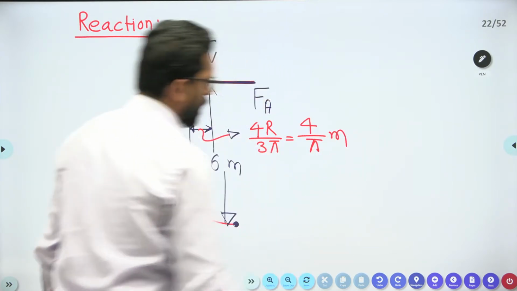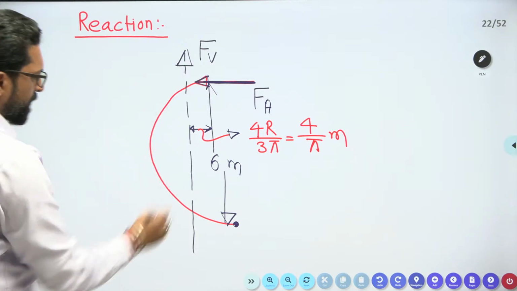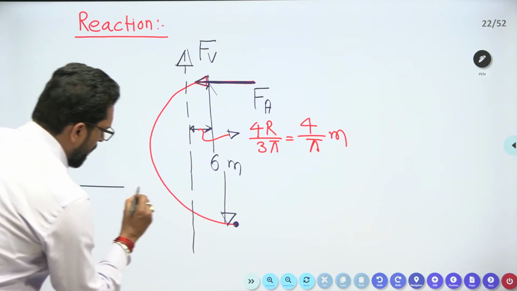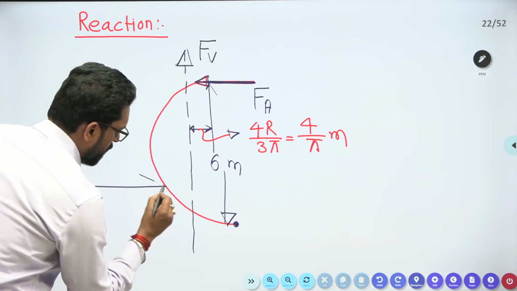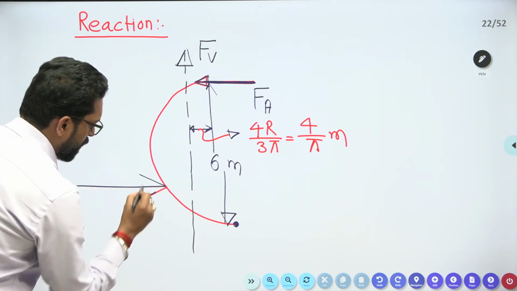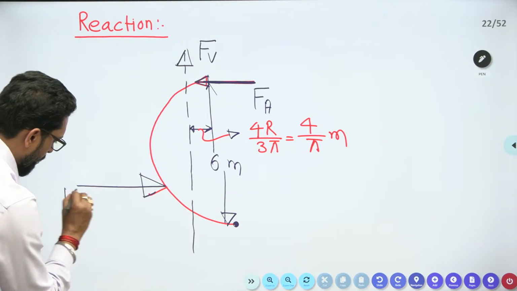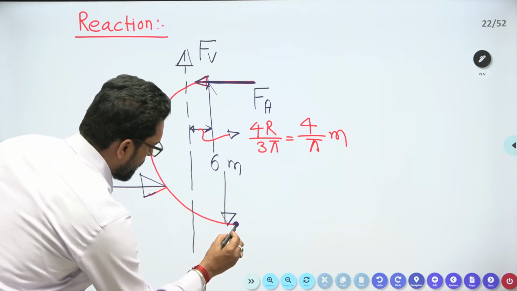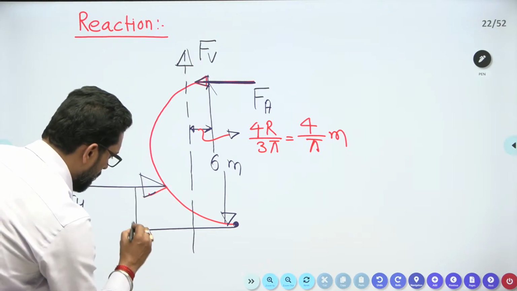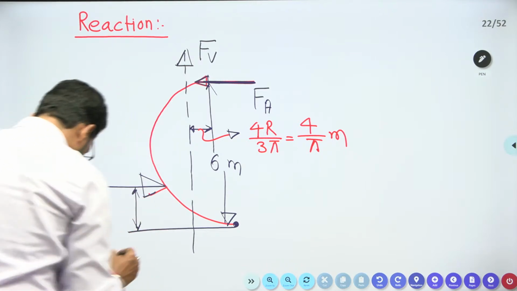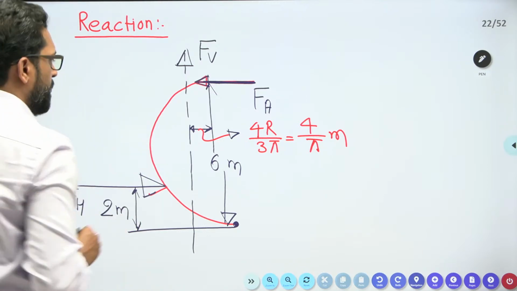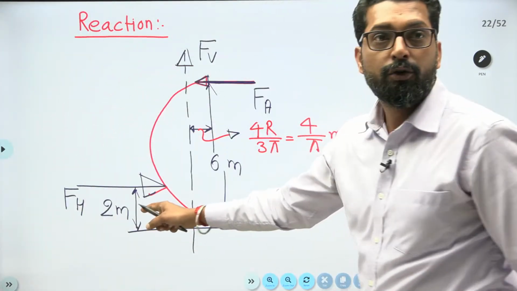You already calculated that. This is your line of action of horizontal force, FH, and this is at the hinge. How much is it? It is at 2 meter.